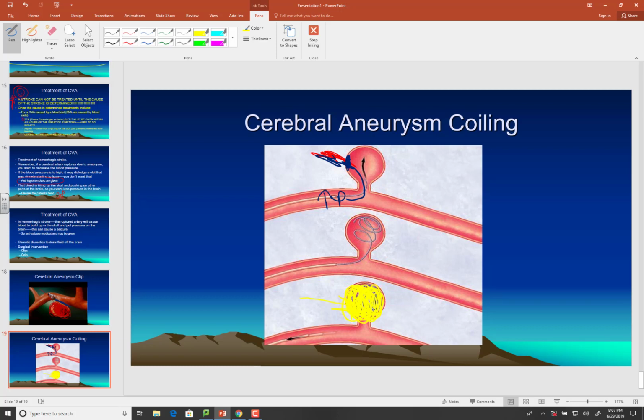So, a little pathophysiology on stroke. Some of the signs and symptoms: again, be aware of the basic function of each side of the brain. That way you'll understand some of the deficits that people will get, and you'll know which side of the brain is being affected, and then some of the treatments for it.